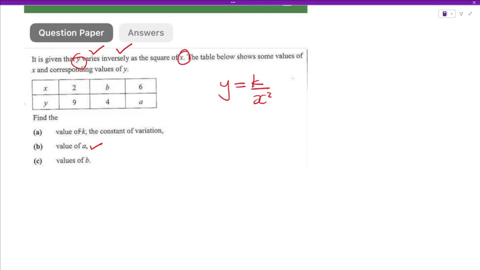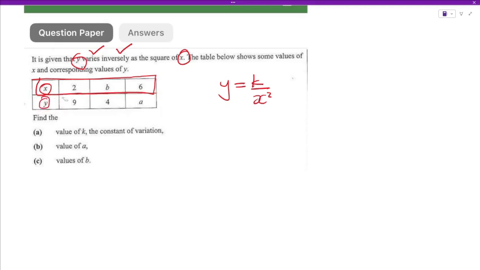To find the value of k, you need to know all the values of the variables in the question. Here we just have two variables, y and x, so we need a column that gives us both the values of y and x. The values in this column belong to x, and the ones in this row belong to y.